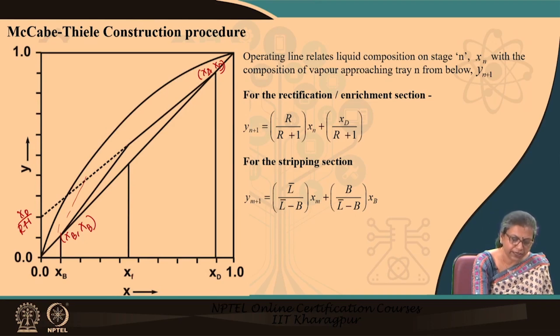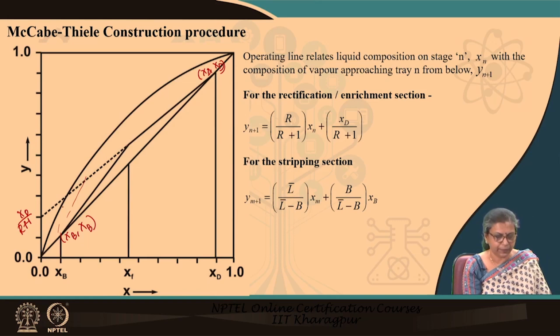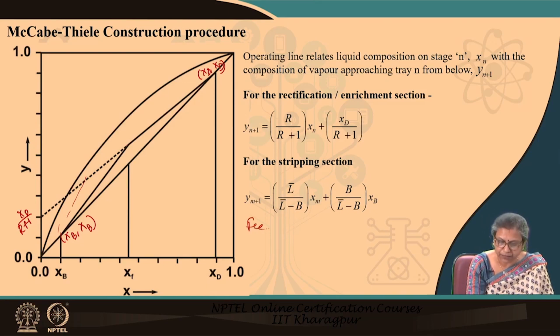Now, how to locate, rather how to fix up the stripping section operating line? For that we need one more line which is known as the feed line. Again, for the feed line, suppose this is the feed tray.